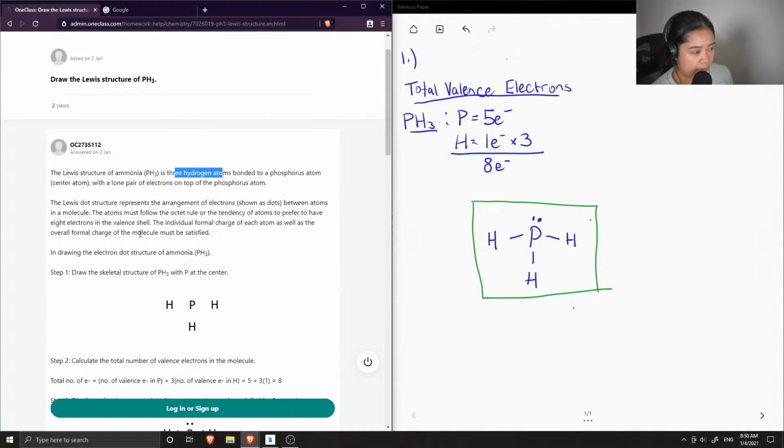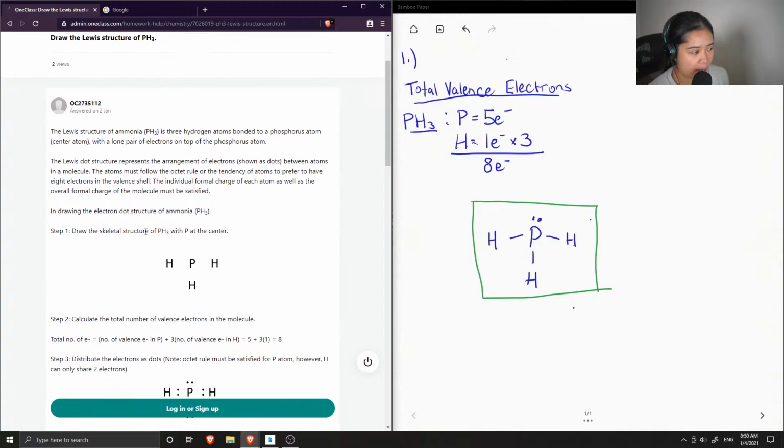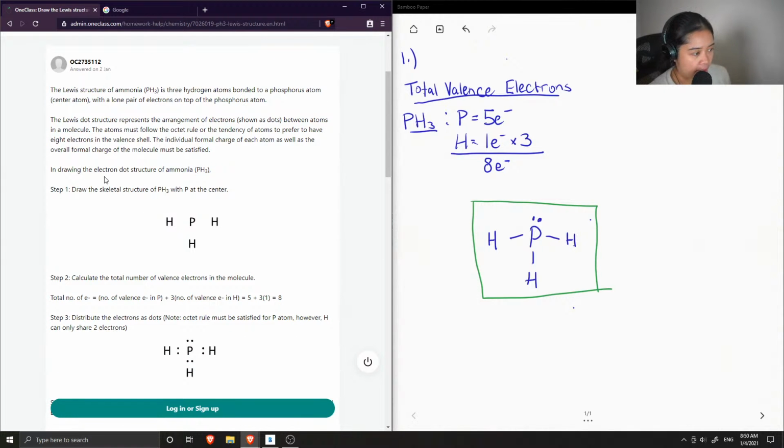The atoms must follow the octet rule, or the tendency of atoms to prefer to have 8 electrons in the valence shell. The individual formal charge of each atom, as well as the overall formal charge of the molecule, must be satisfied.